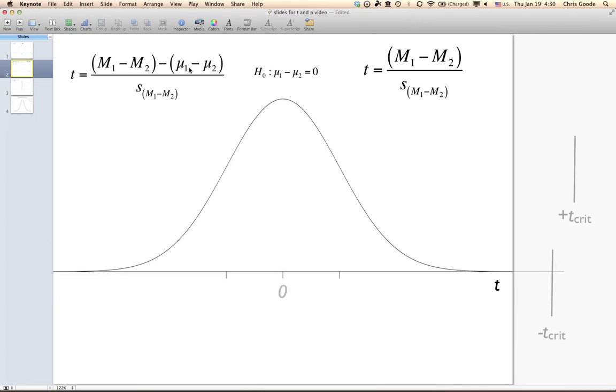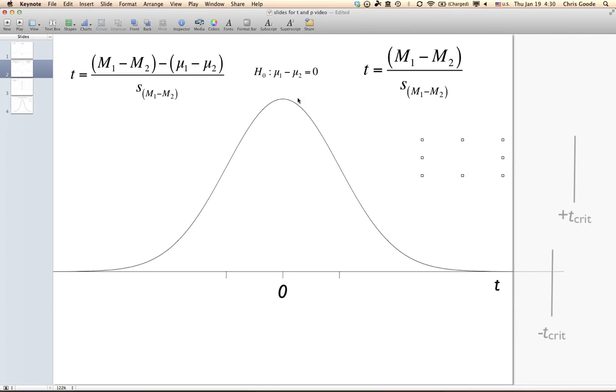So we can put 0 here and continue with our calculation. Well, if you treat one group in one way and one group in another way, and the null hypothesis is true that your treatment doesn't do anything, then there shouldn't be any difference between these two groups, and the difference between the sample means should usually be 0 again.